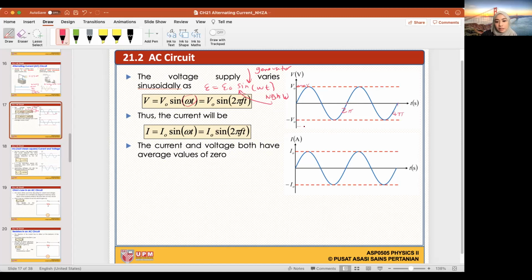This is your minus Vmax. Same for I: this is your Imax and this is your minus Imax. If you want to be fancy, you can label pi, 3 pi, pi over 2, etc.